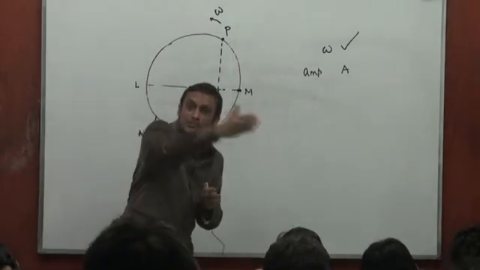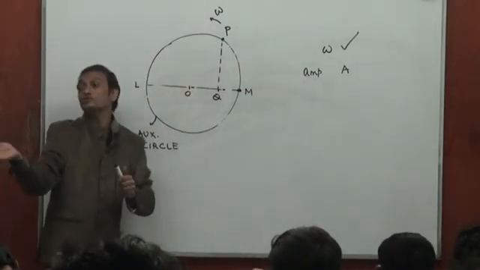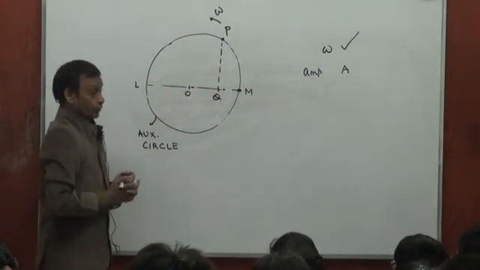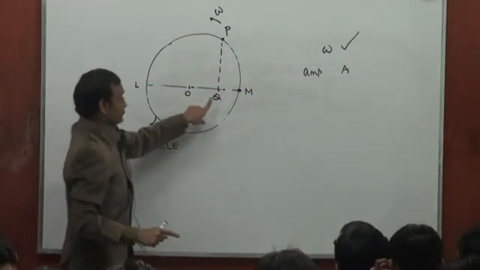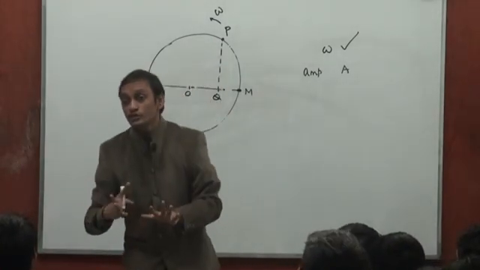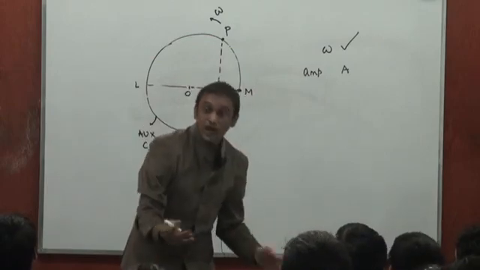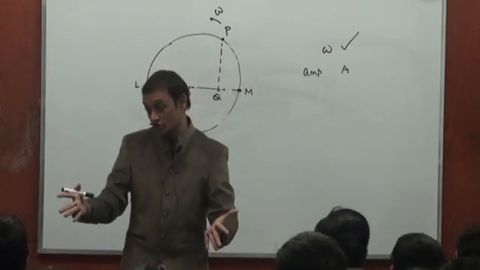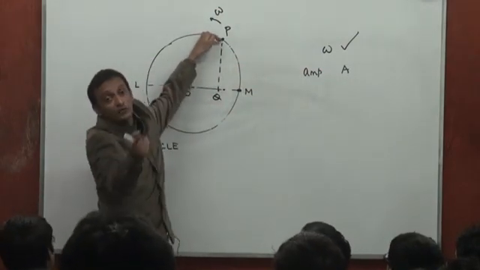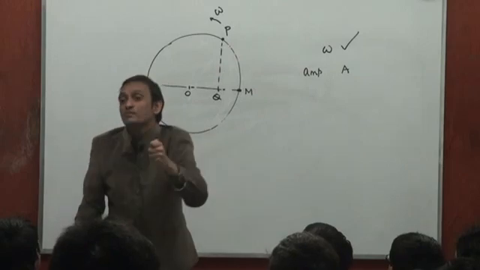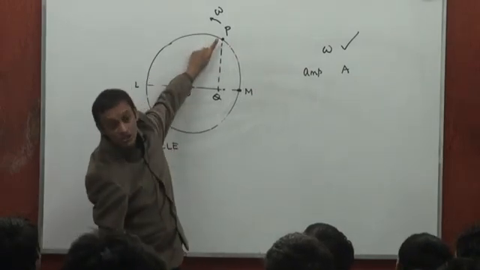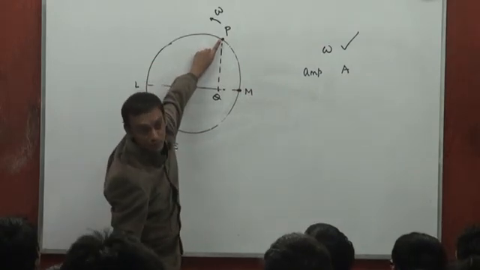This is a figment of our imagination. The motion of Q is complicated. It's motion with varying velocity, varying acceleration, time varying velocity. Whereas its brother P, which moves on the circle, has a simpler motion to talk about, which is constant angular velocity, uniform circular motion, right?